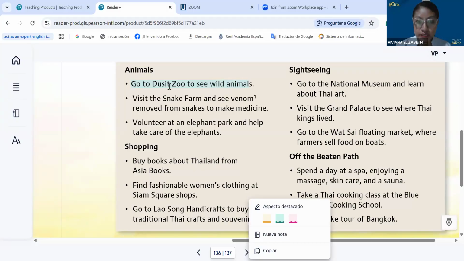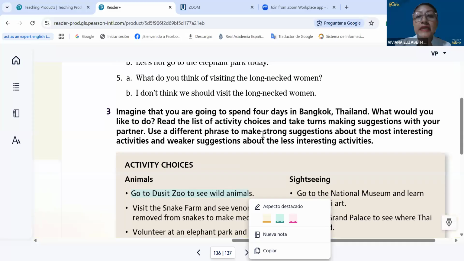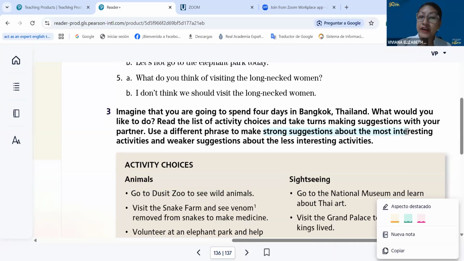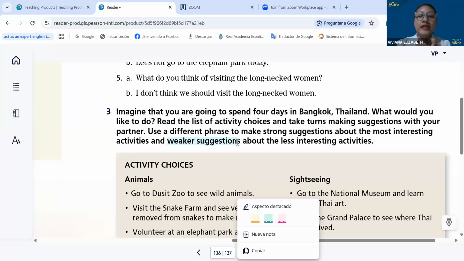Why is that important? Because once you have classified the activities into more and less interesting, you are going to practice a conversation making suggestions. You are going to make a strong suggestion with the most interesting activities you have classified, and weaker suggestions with the activities you classified as less interesting. Let me start again.